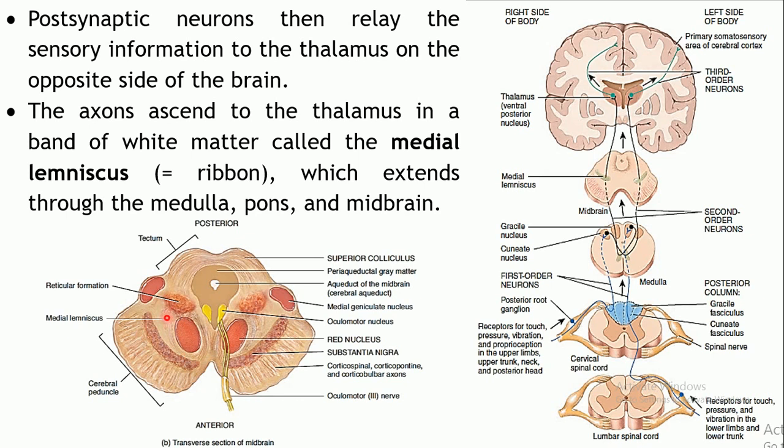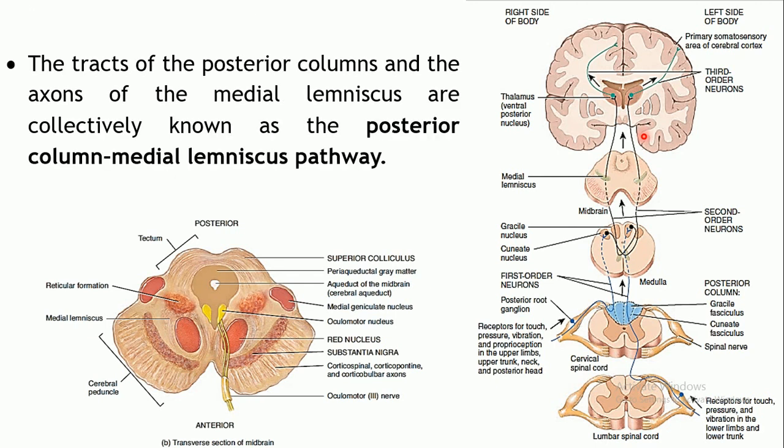That's the medial lemniscus, through which these neurons are ascending upwards to convey the information towards the higher centers. So the tracts of the posterior columns and the axons of the medial lemniscus, both taken together, are called the posterior column medial lemniscus pathway.